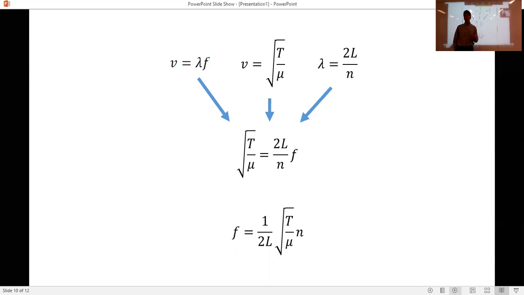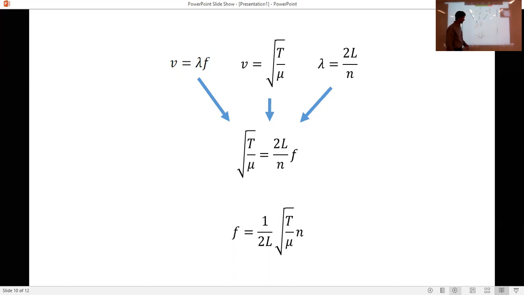Now, I've already measured the value for mu. Again, it's 3 times 10 to the minus 4 kilograms per meter. And we're going to use that to try to see if this equation gives us the correct value. We're going to do this by graphing tension as a function of 1 over n squared and use the slope to then come up with an expression for mu.